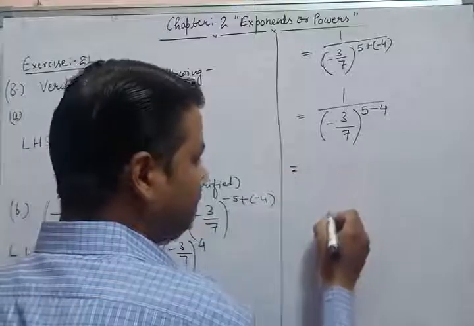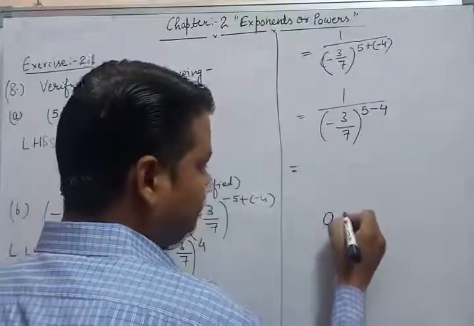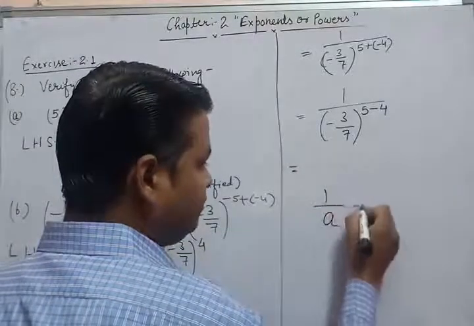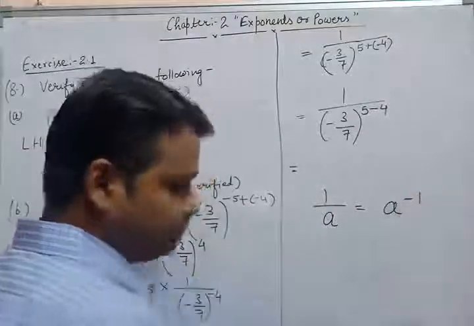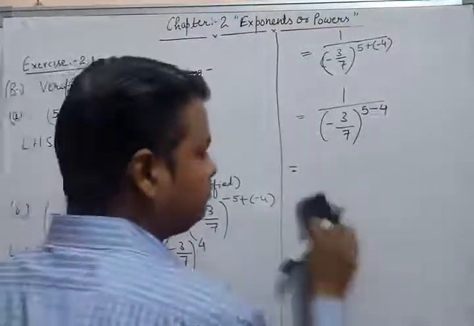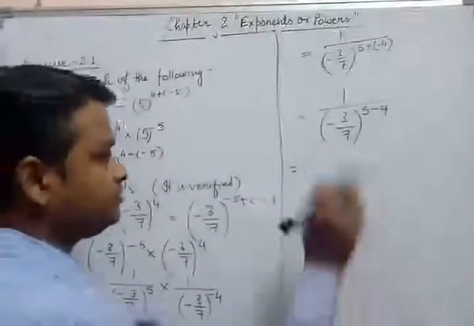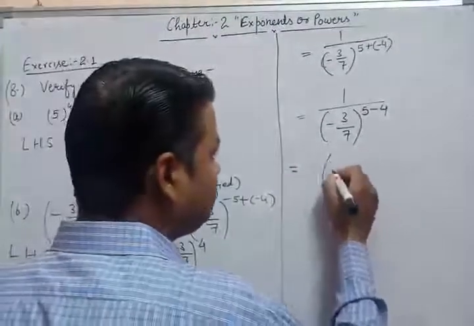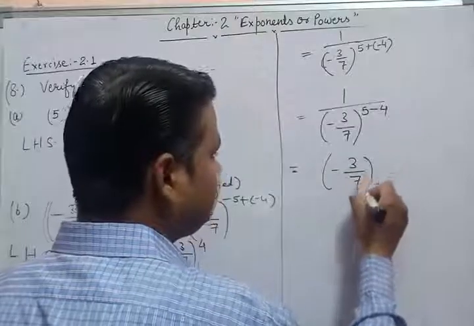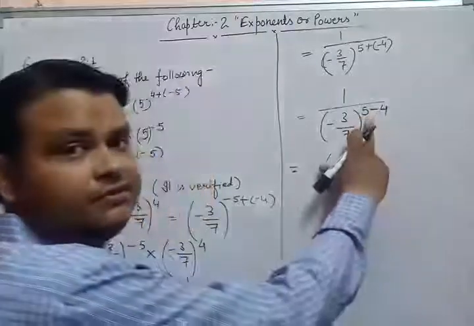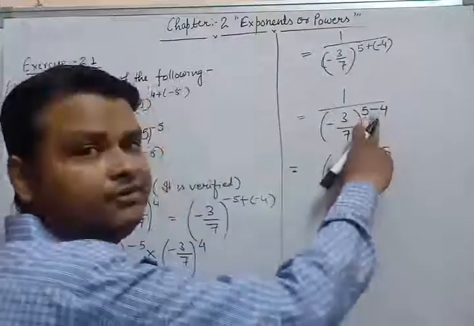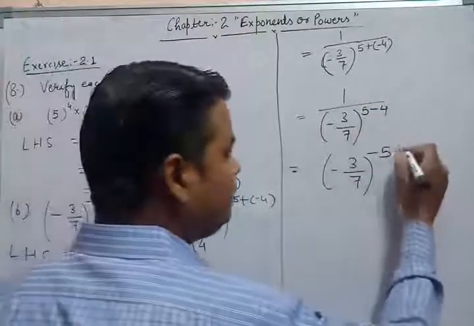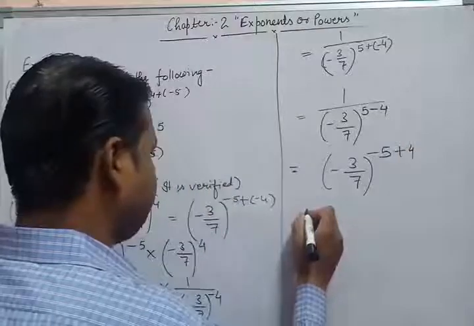Now we have to apply this formula: 1 upon a is equal to a power minus 1. Then we will get minus 3 upon 7, here 5 is given as positive, then we can write minus, and here 4 is given negative, then we can write plus 4.